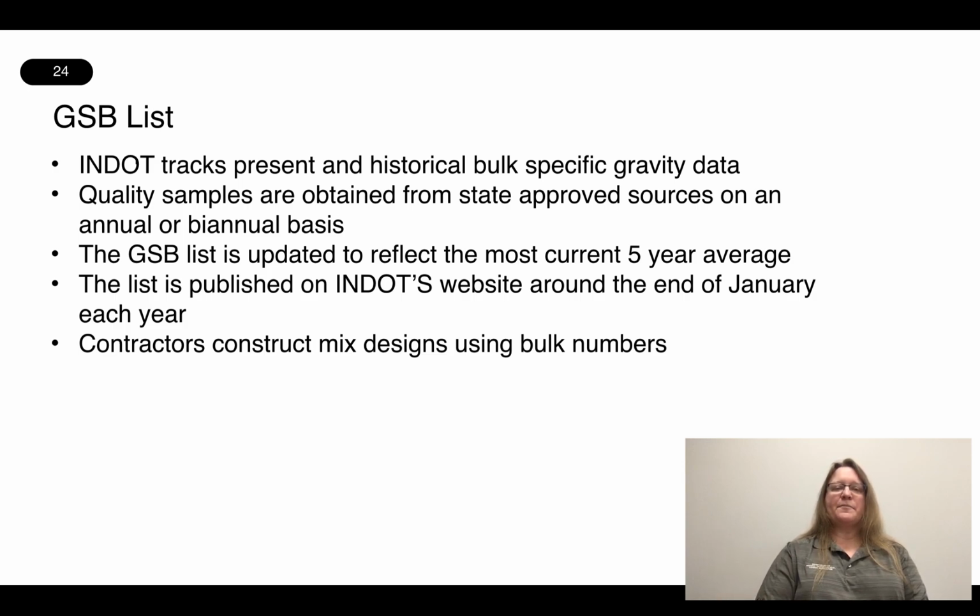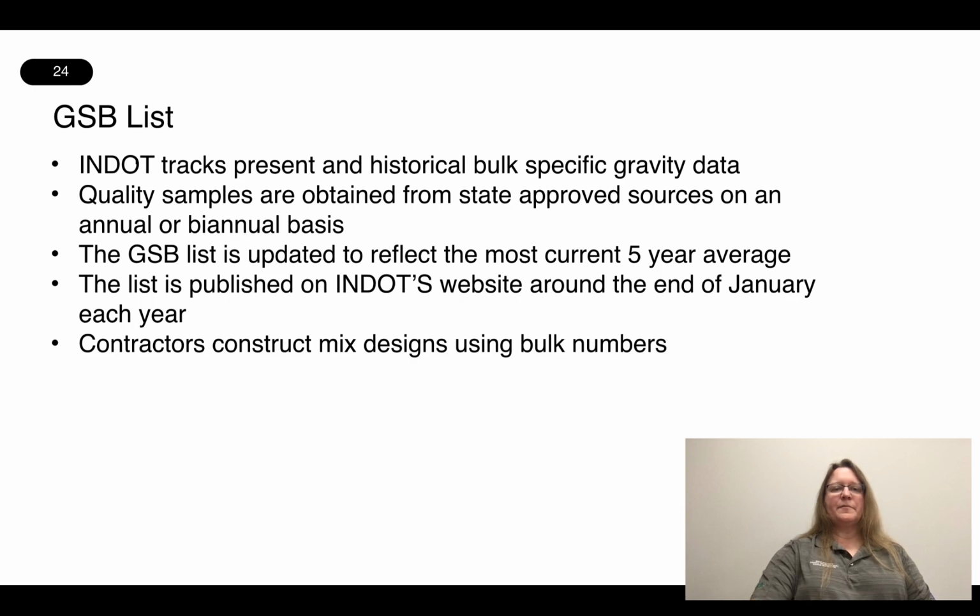And so NDOT has a GSB list that comes out every year around this time of year, and we track the most recent values for specific gravity for materials, and then we also look at the history of that material, and try to come up with a good number, an average of maybe the last 5 years of how that material has tested.